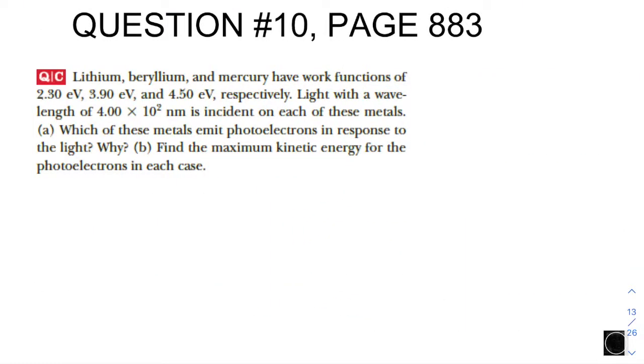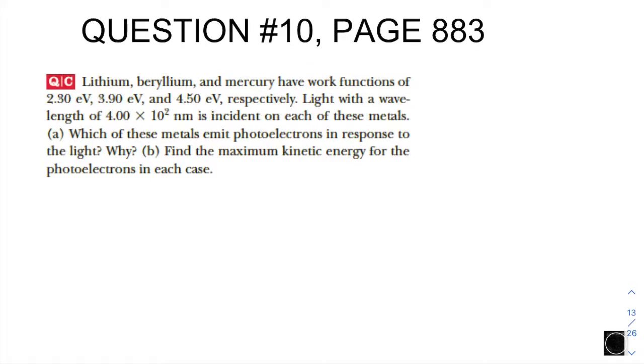So let's try question number 10, page 883. In this question, lithium, beryllium and mercury have work functions of 2.3 eV, 3.9 eV and 4.5 eV respectively. Light with a wavelength of 400 nanometers is incident on each of these metals.